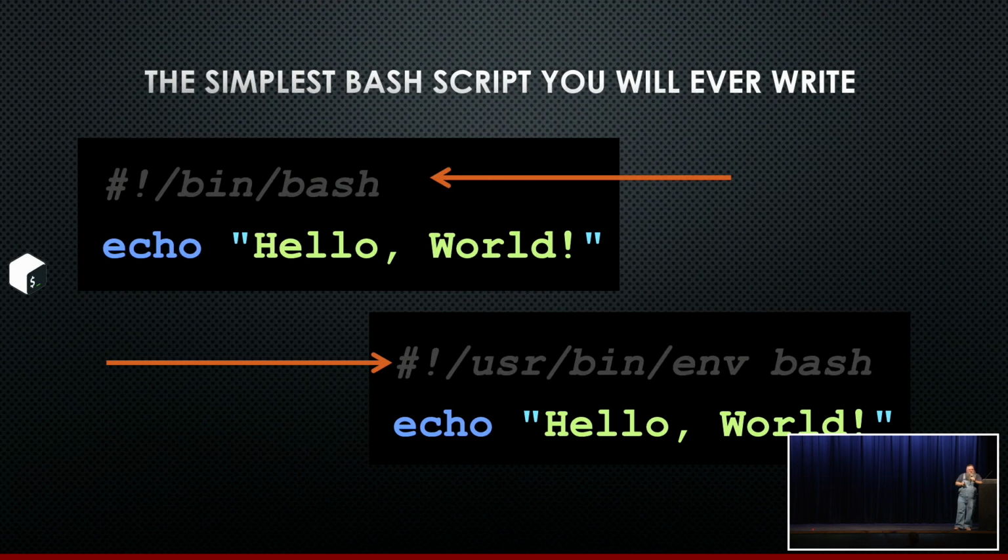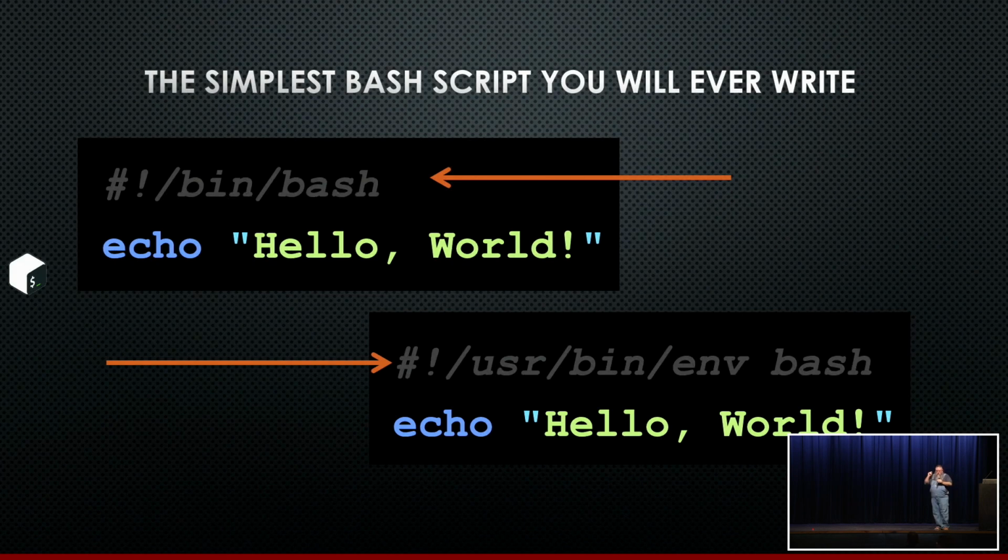That's fine, except that bash isn't always located in /bin/bash. On some Mac OS systems, if you try to do a brew install on bash to get the latest version, it's going to be located somewhere else, or you might have multiple versions, or what have you. And it may be the case in Cygwin and WSL2, I'm not sure. The second case is more flexible, more the way that I tend to write them.